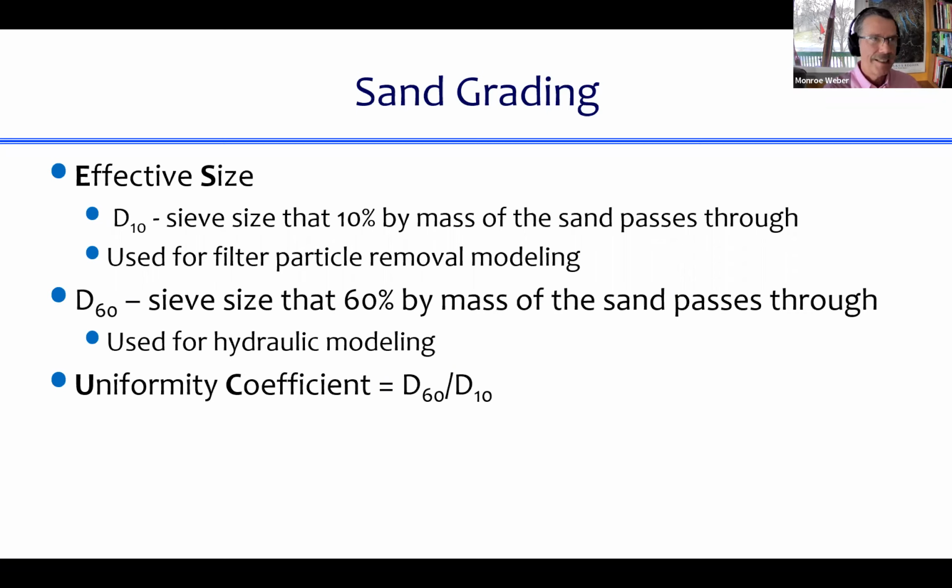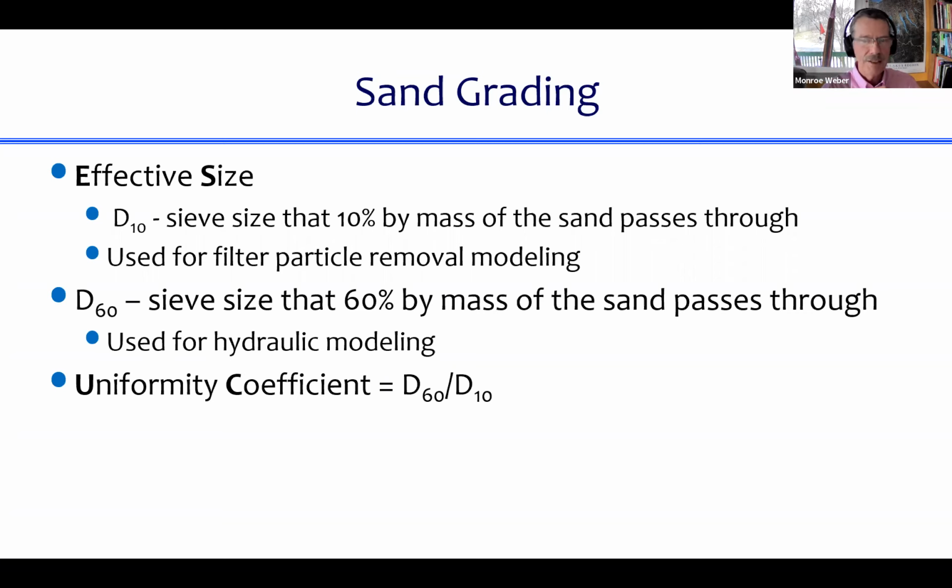And that's the size that we will tend to use if we're calculating head loss through a clean filter bed. We would use the D60 size in those equations. And then there's a uniformity coefficient, which is you divide those two sieve sizes.